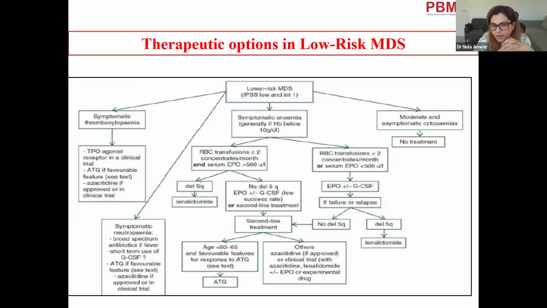However, according to British practice, in case of deletion 5q, the practice is to initially give a trial of erythropoietin plus or minus GCSF, and if the patient fails or relapses, then to give lenalidomide. As contrary to the US practice, where we can give lenalidomide straightforwardly.